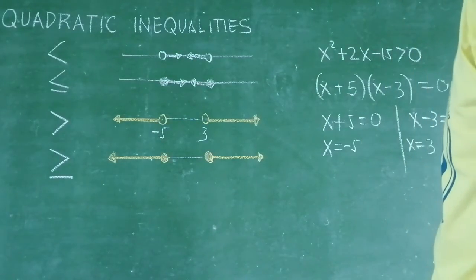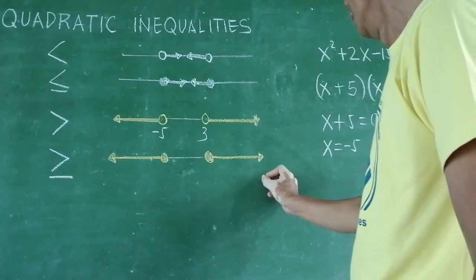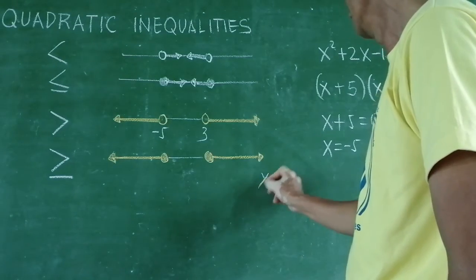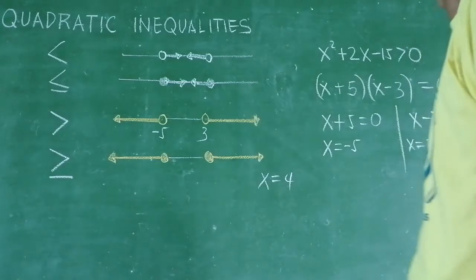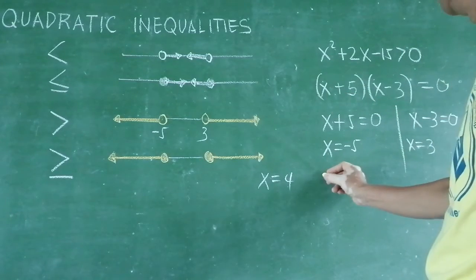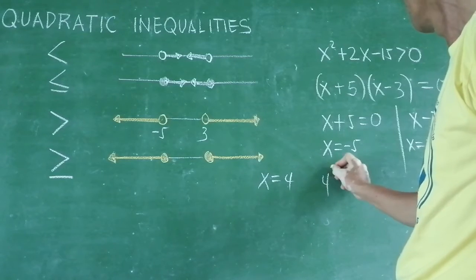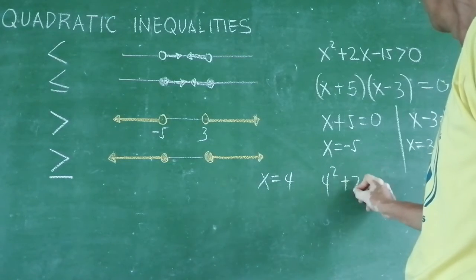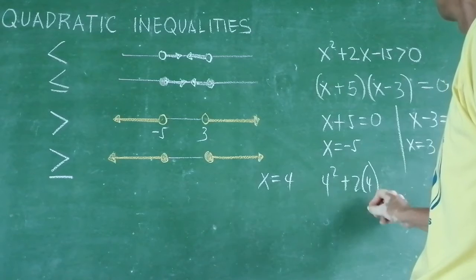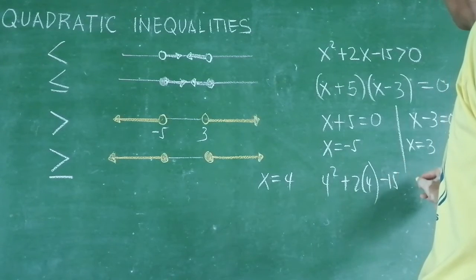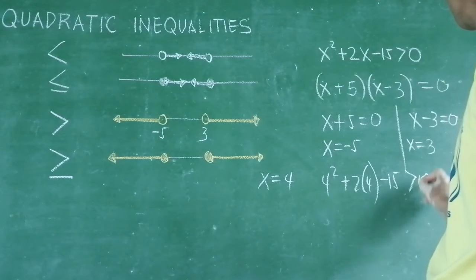So shall we have a test point? Supposing x is equal to 4. So it will be 4 squared plus 2 times 4 minus 15 must be greater than 0.